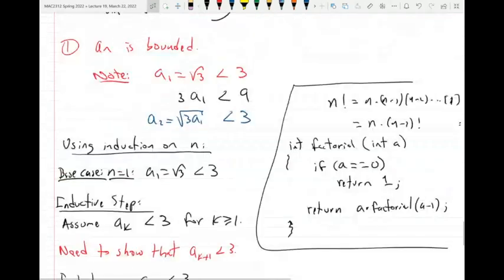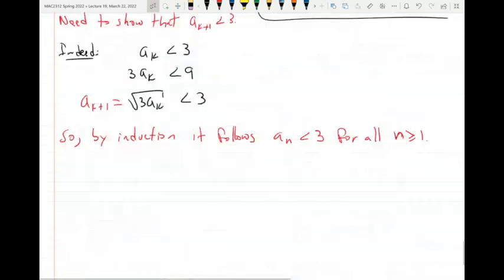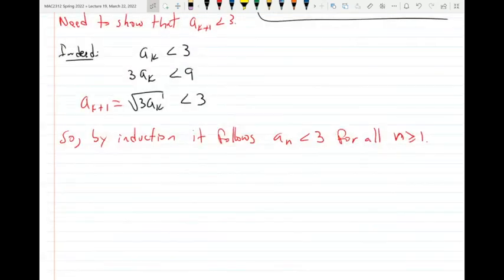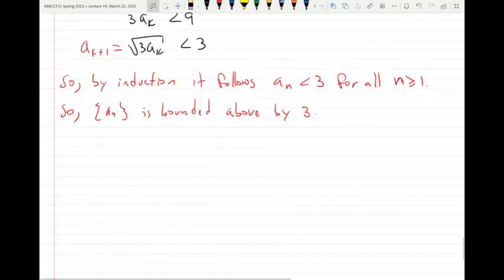But right now we can say it's bounded below by 0 because the terms are all positive, right? So it's bounded below by 0 and bounded above by 3. So an is bounded above by 3.